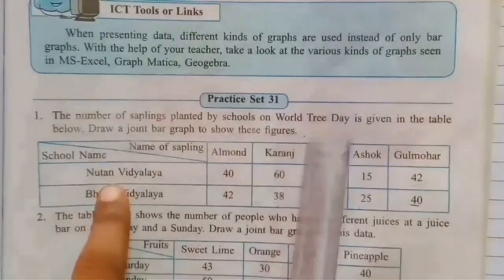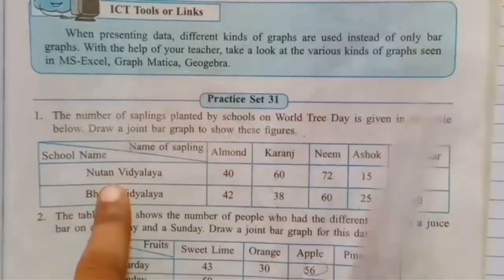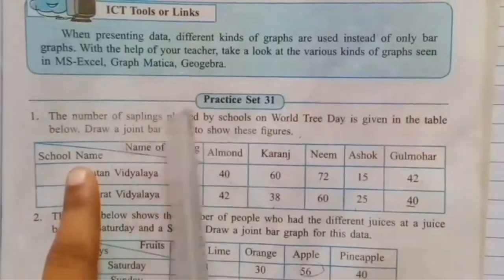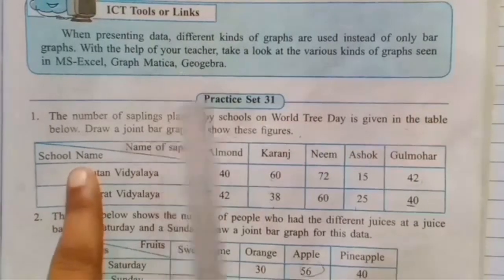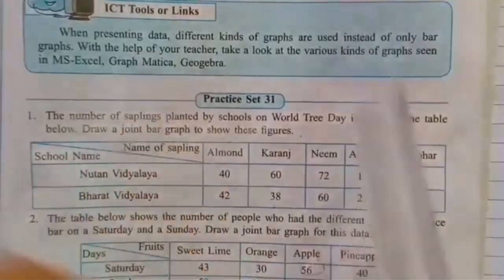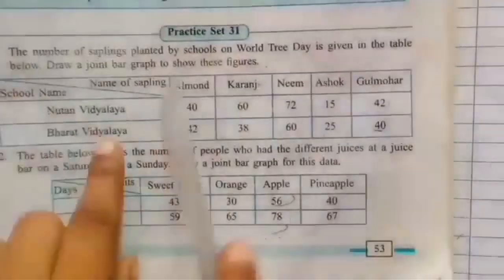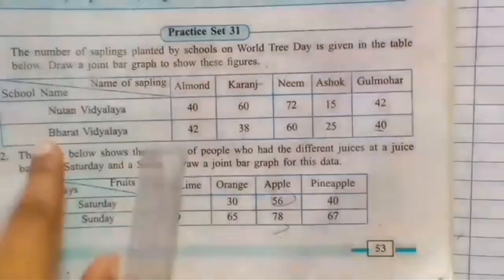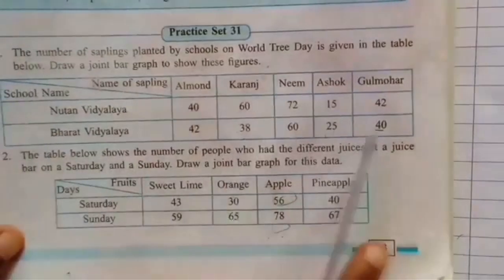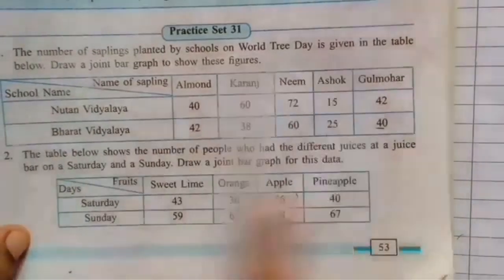So in this question they have given us information about 2 schools and that 2 schools are planting different number of trees. And by seeing this information, we have to draw a joint bar graph. So you will write down this question in your graph book in single line page.